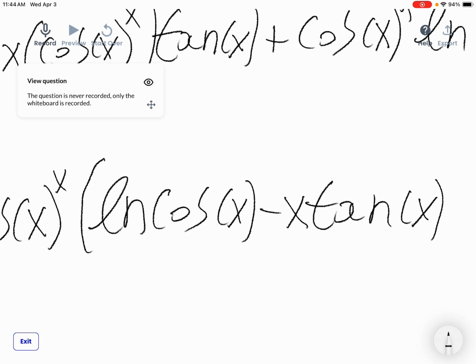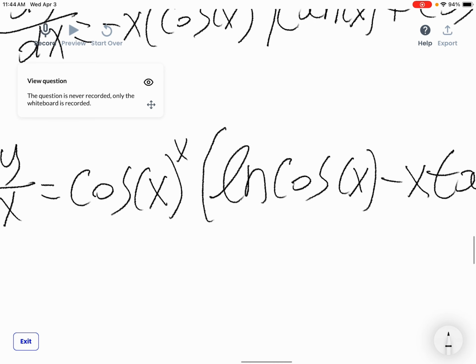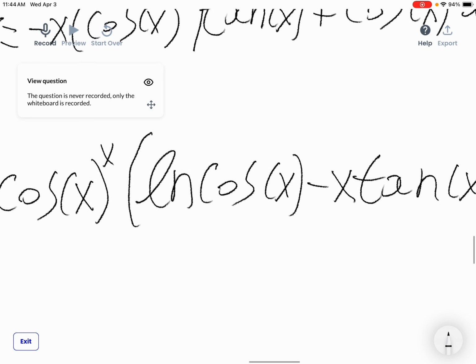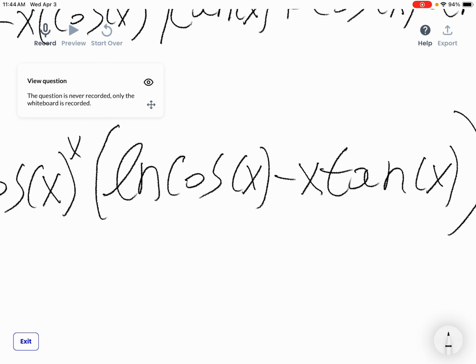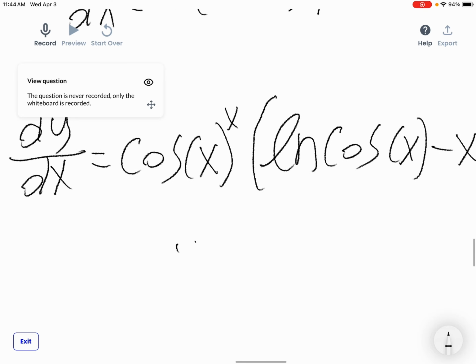And there is our derivative completely in terms of x. So dy dx is equal to cosine of x to the x times the natural log of cosine of x minus x tangent of x. Calculator, take care.